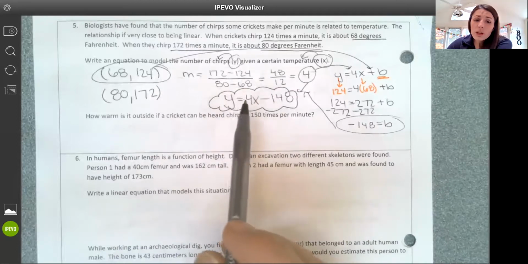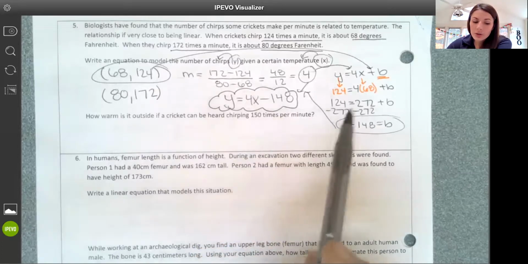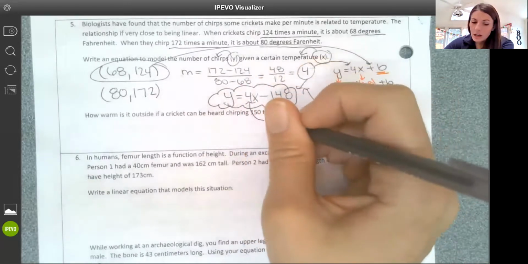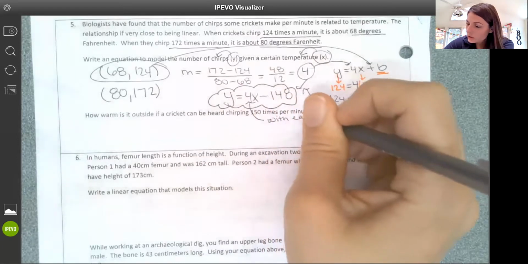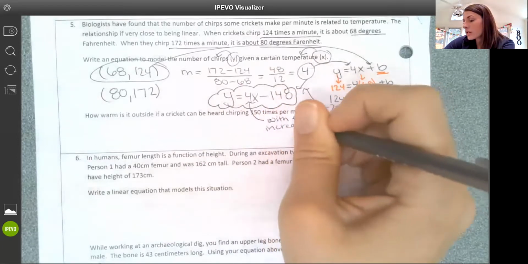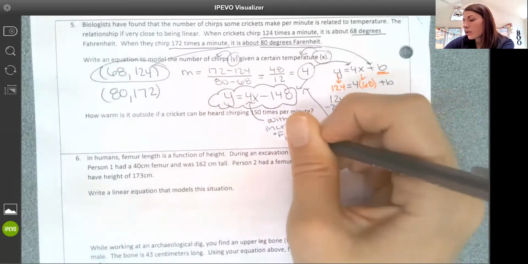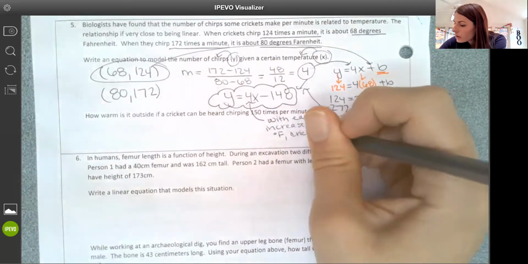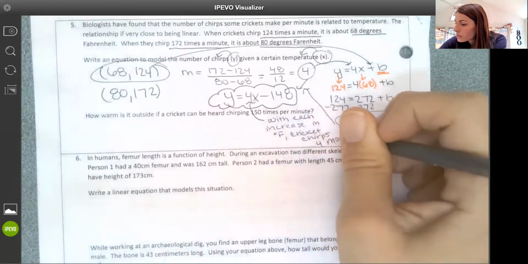Okay, so there's my equation that models the cricket situation. Let's talk about what this means. My slope would be how many additional chirps there would be per increase in temperature. So here, this would mean with each increase in degrees Fahrenheit, a cricket chirps 4 more times.